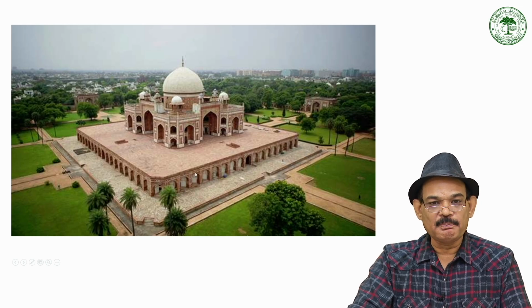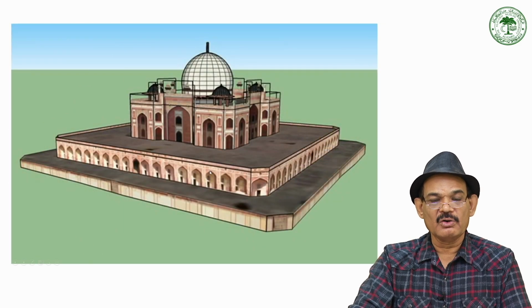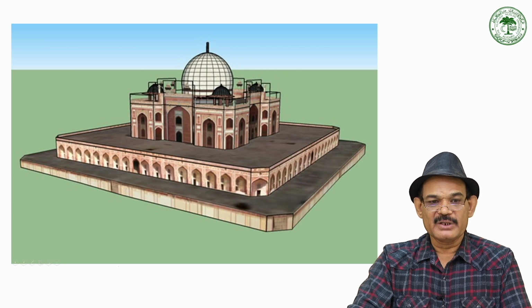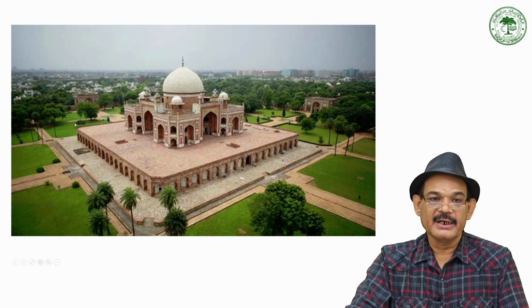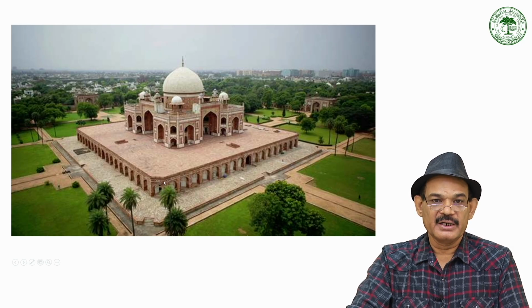The second platform, on which the main mausoleum exists, is again 6.1 meters high, and it is square on plan, but its corners are chamfered.